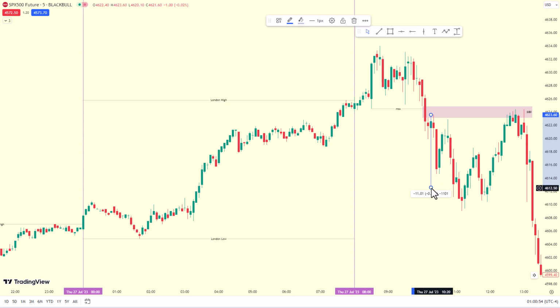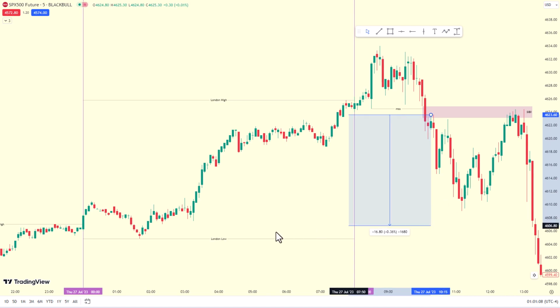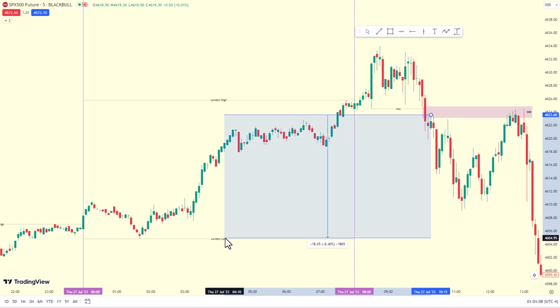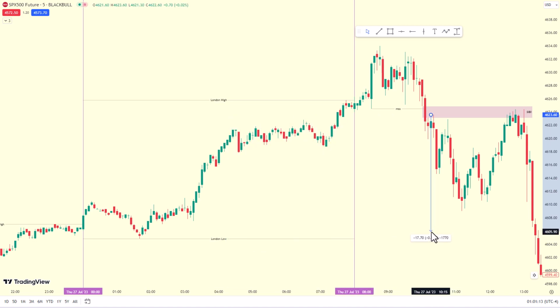ICT says if the trade is capable of running 10 handles or more, then it's valid, because you can then be able to take out 5 handles in the process. In this case, targeting London low is about 19 handles, so definitely possible to take 10 as your 70% partial, then leaving the rest to run.